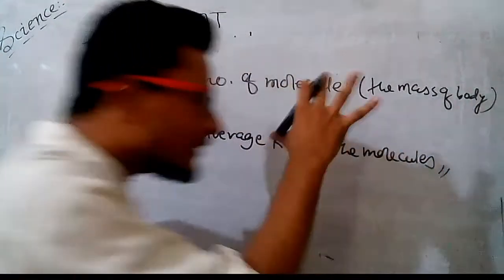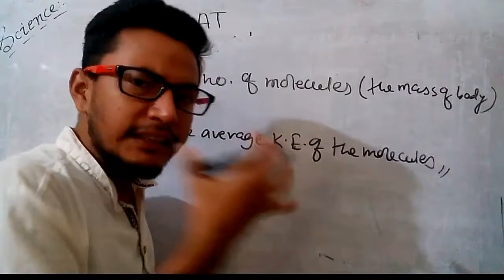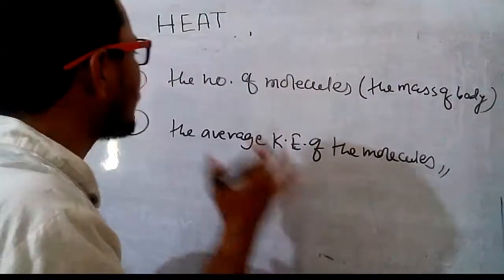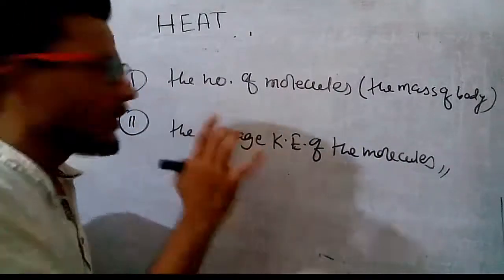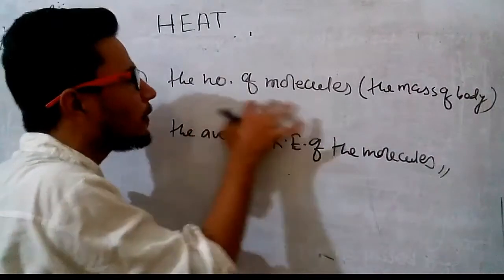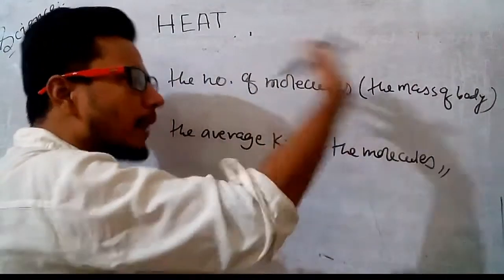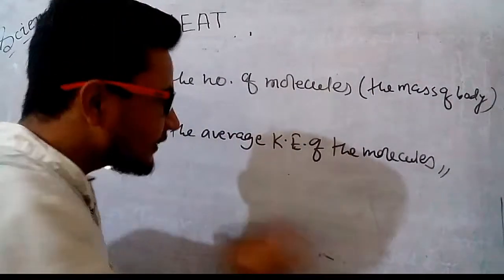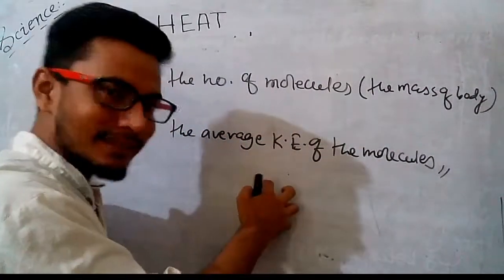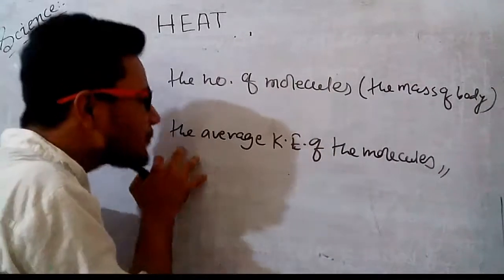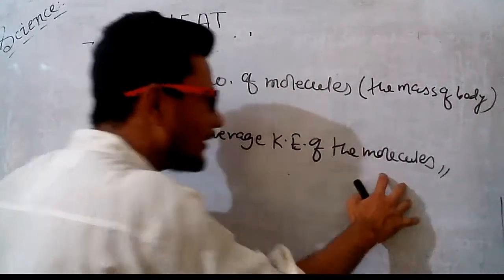So the heat contained by a body or system generally depends on two factors. The first one is the number of molecules, that is the mass of the body. If there is more mass, then it contains more heat energy. And the second one is the average kinetic energy of the molecules.